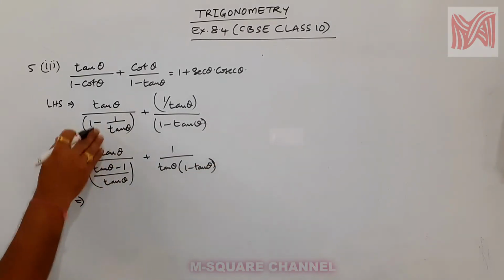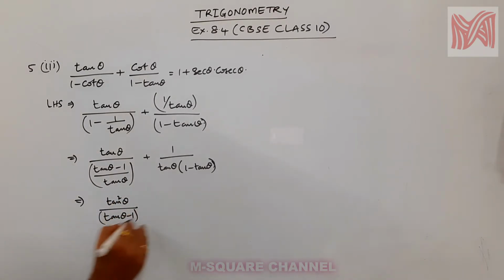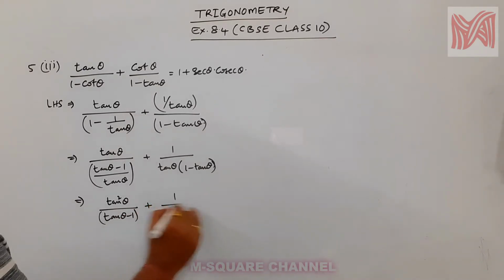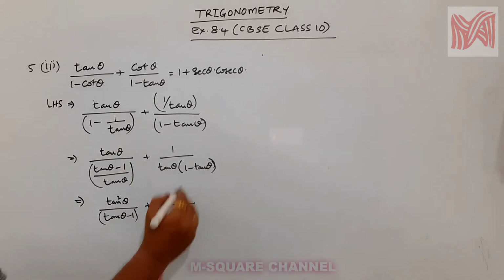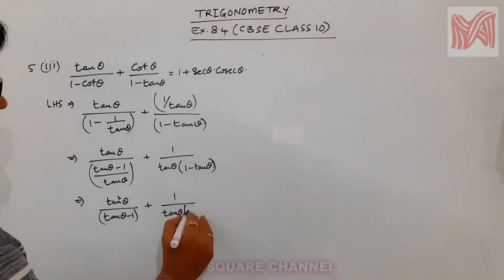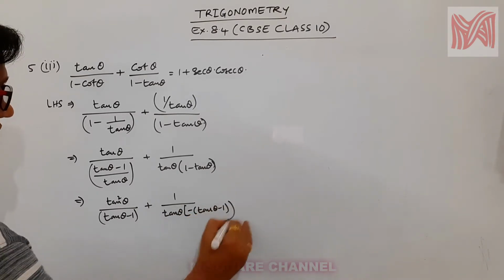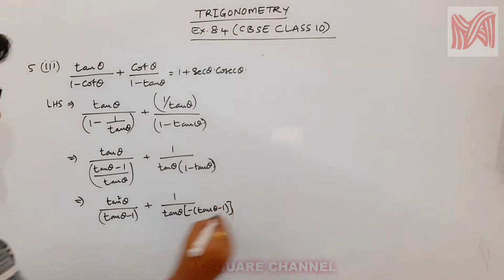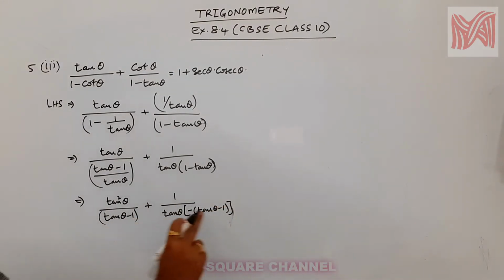Now reciprocal: tan squared theta by (tan theta minus 1) plus 1 by tan theta into... here we are going to take the minus common, because in both denominators we want tan theta minus 1 here.